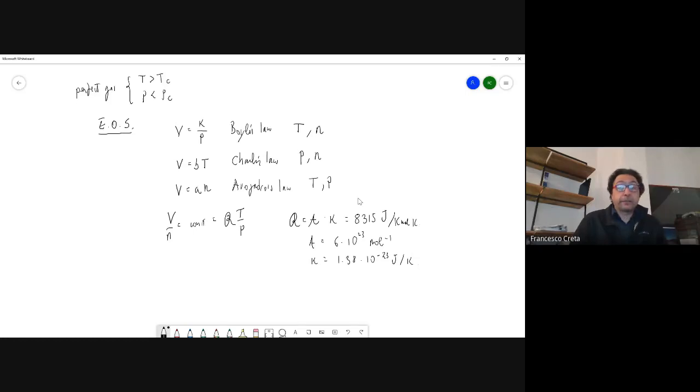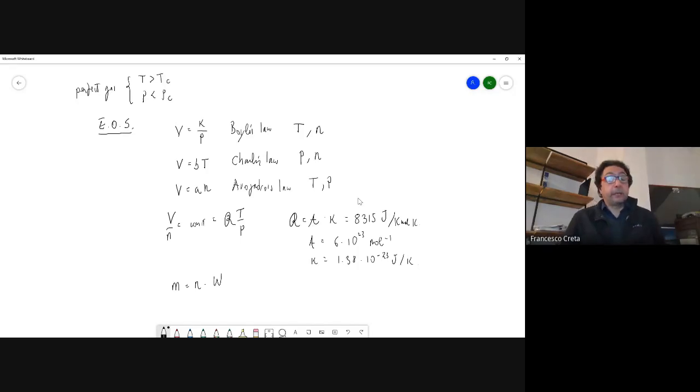Let me write down another basic relation that we'll need, which is that the mass is related to the number of moles through a molecular weight.